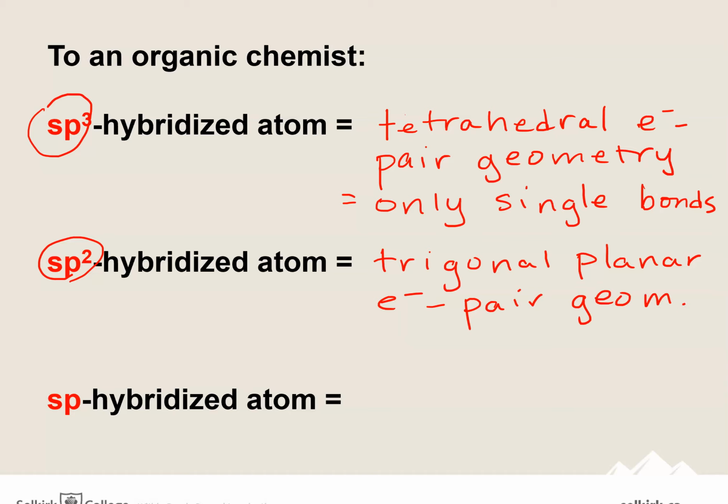Now, if I had a second row element, like carbon, say, and I wanted 3 electron pair domains, well, carbon's going to make 4 bonds altogether to make its complete octet. If I'm spreading 4 bonds over 3 electron pair domains, then one of those bonds would have to be a double bond.